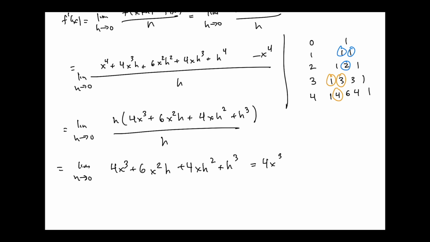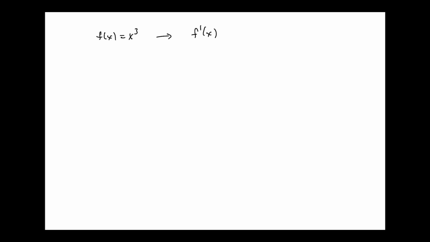Okay, so, all right, let's do the one that's on the screen here. So we got f of x is x cubed. And so the derivative is 3x squared. Okay, great. All right, so a very common question, find the equation of a line tangent to the graph at a given point.